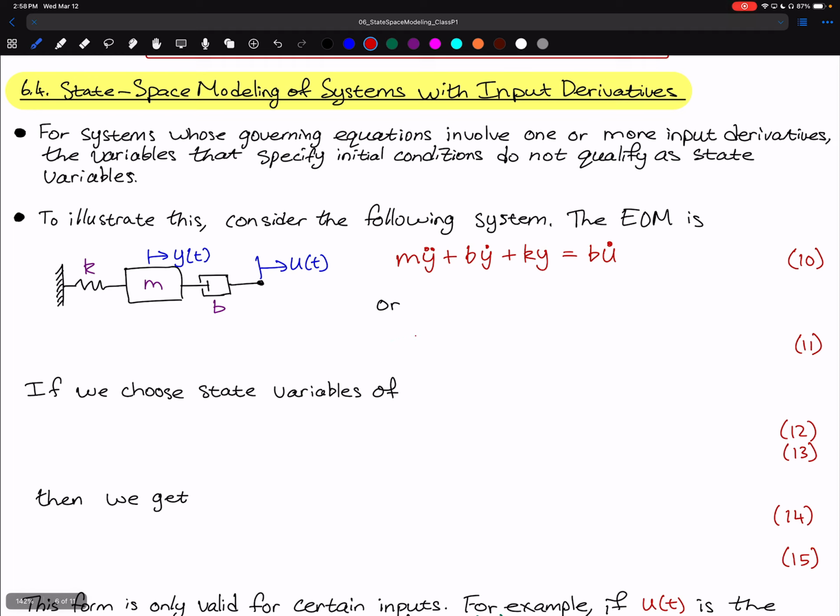Or we can solve for y double dot, and this becomes minus k over m y minus b over m y dot, plus b over m times u dot.